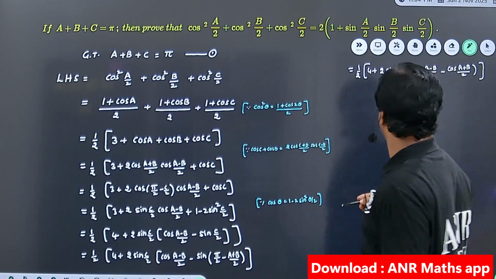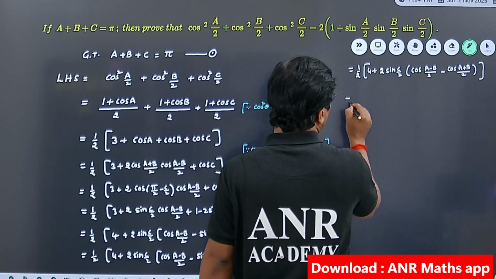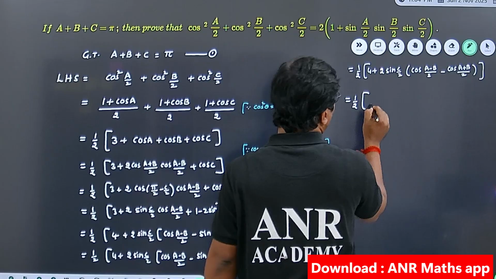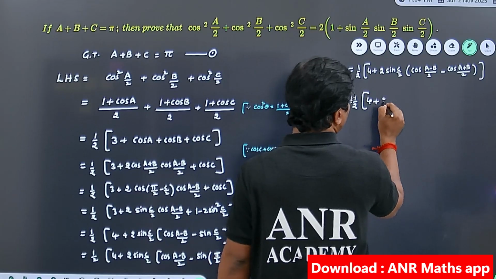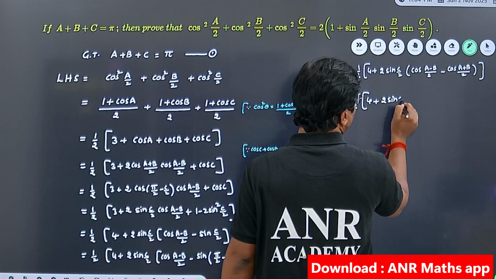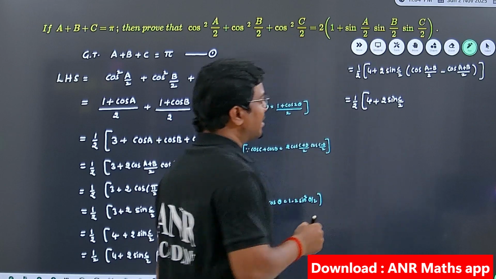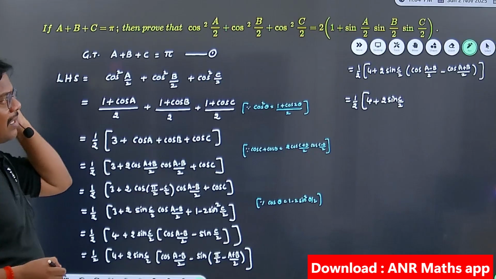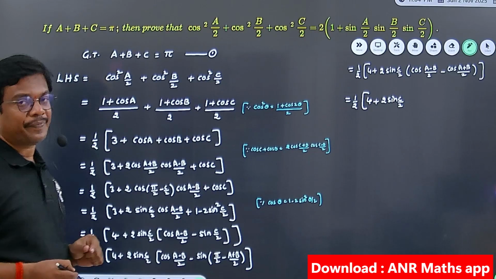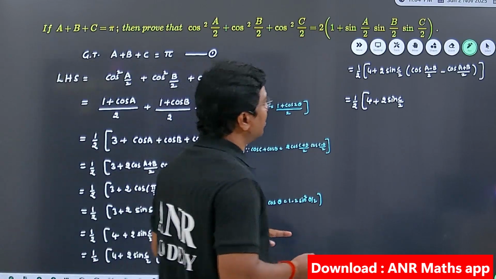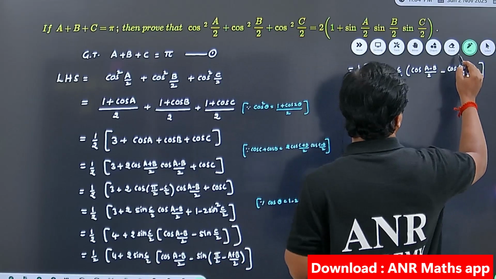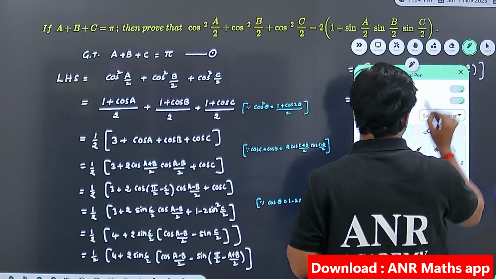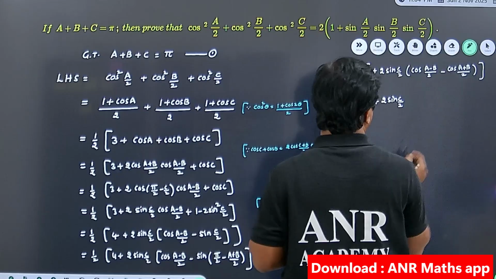Bracket close. Now 1 by 2 of 4 plus 2 sin C by 2, next cos (A minus B) by 2 minus cos (A plus B) by 2. There you have to use the formula for cos (A minus B) minus cos (A plus B).